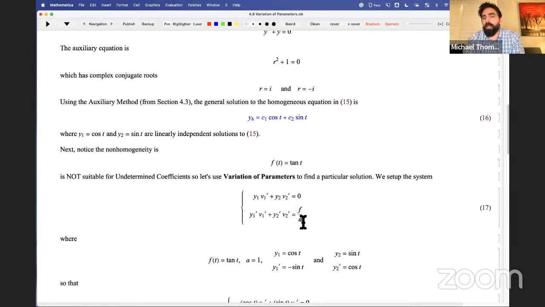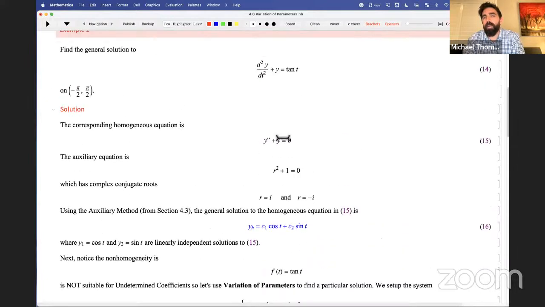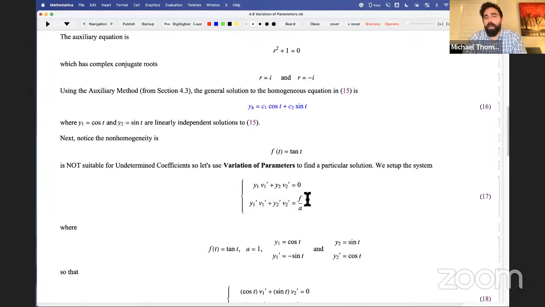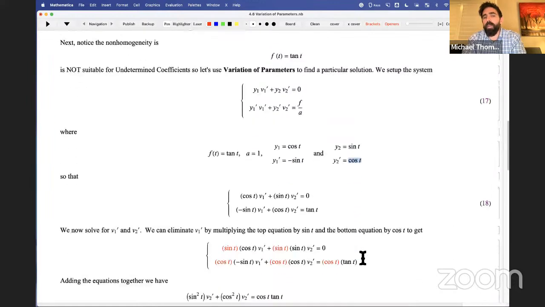Your coefficient is a, which in this case is 1. It's just the coefficient in front here. We're going to need y1 and y2. We found those in the auxiliary case: cosine t and sine t. We're going to need their derivatives, so that's a quick calculation. And then we plug them in. Okay, so that's the system you're trying to solve. Remember, you're trying to solve for v1 prime and v2 prime. Those are the variables we have.